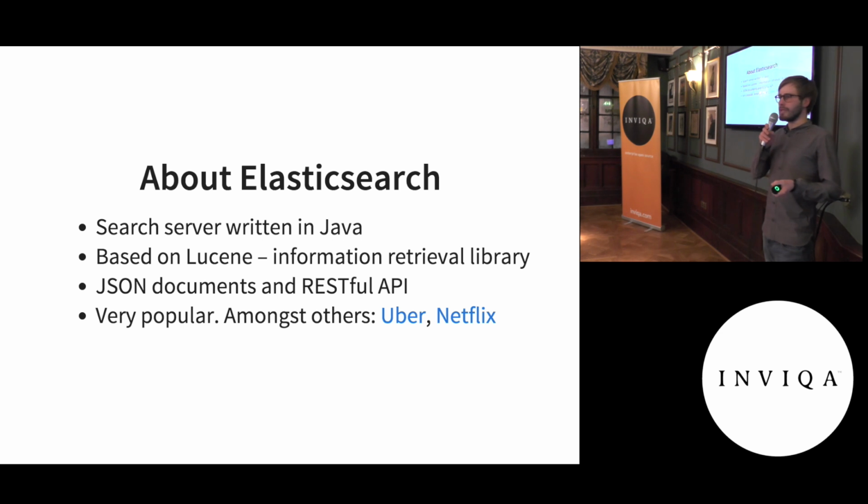And it's very popular. Wikipedia claims that it's the most popular enterprise search engine currently used. Some people using it: Uber, Netflix, but also Stack Overflow, SoundCloud, Wikimedia, and eBay. So it does seem to be very popular. It's open source, by the way, for anyone who doesn't know.